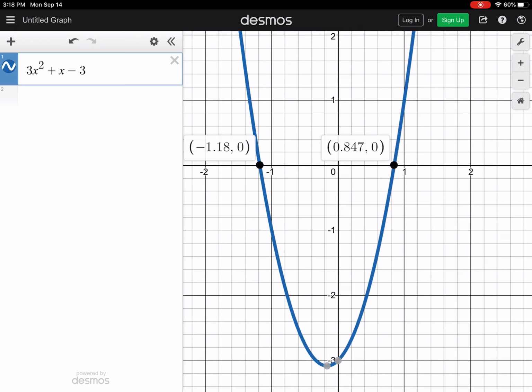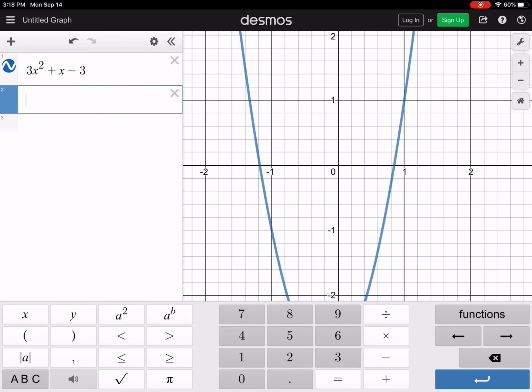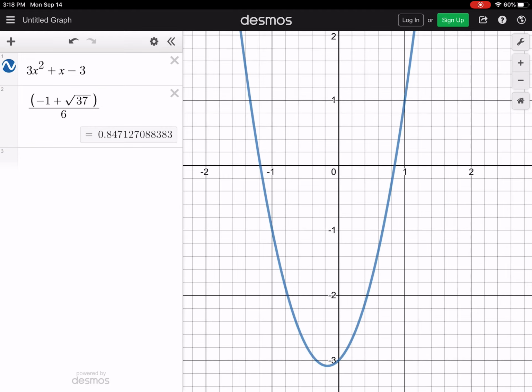Well, that doesn't look like the answers that we got earlier, but we had them in radical form still. So it would be the same as doing -1 plus the square root of 37 divided by 6, which gives us that 0.847. That's this one over here. They just rounded.